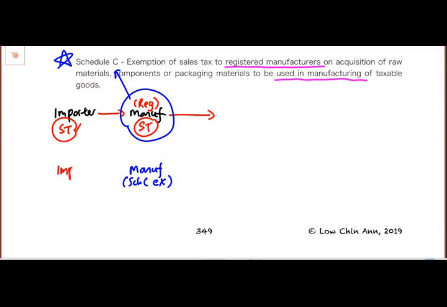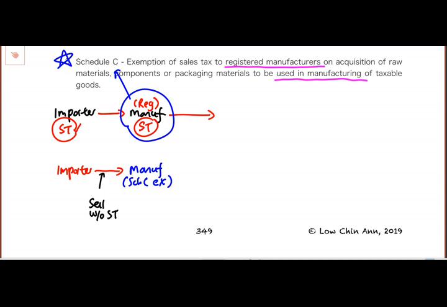So when the importer sells to you, the importer will have to sell without the sales tax. Because the holder of this exemption, you read again, the exemption of sales tax to the registered manufacturer when they acquire material.